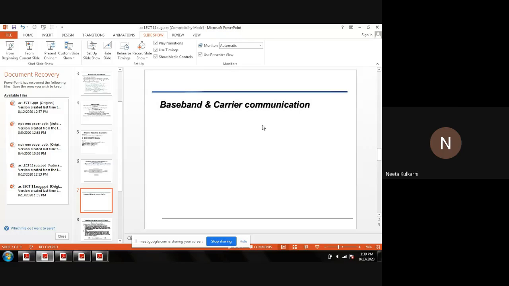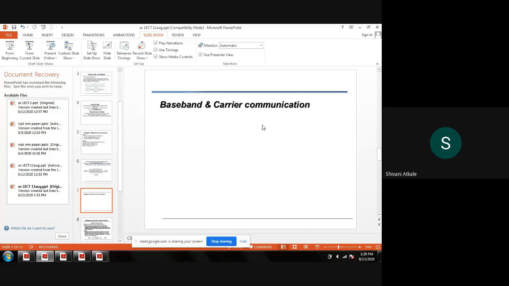Now you tell me, what is the difference between baseband and carrier communication? In baseband, which signal is it? Without modulation, and in carrier, the signal with modulation. Can you repeat it?